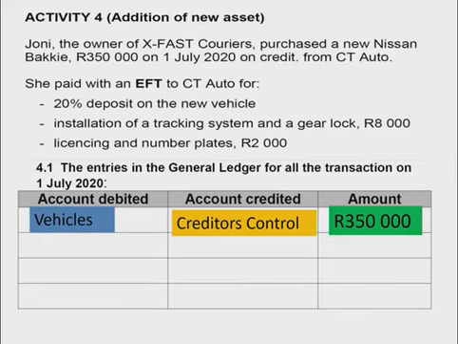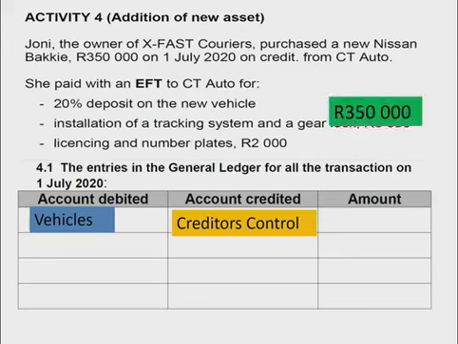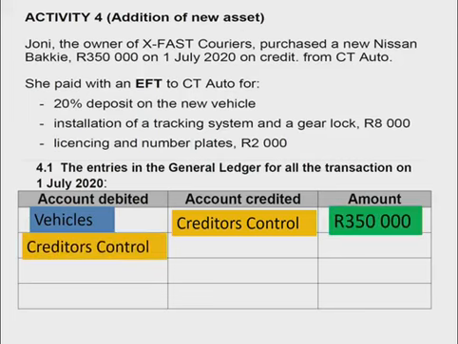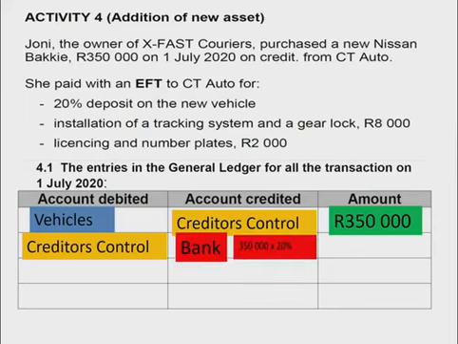So now the creditors control will decrease, and my bank will also decrease. But with 20% of the cost price, which is 20% of 350,000, which is 70,000.